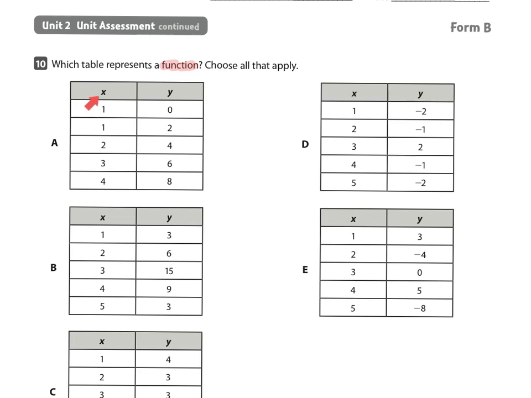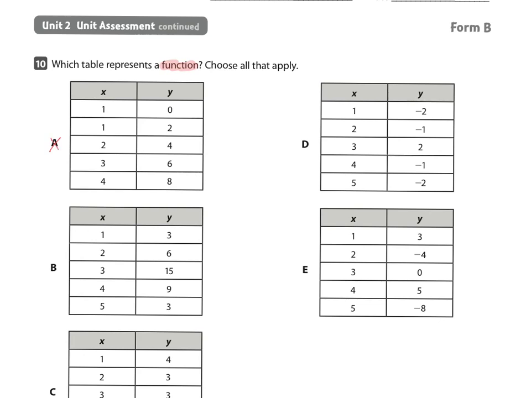So for A, X gives you 0 for 1, and then you have 1 that also gives you 2. So if you input the same number, you're getting 2 different outputs, and that cannot be possible.